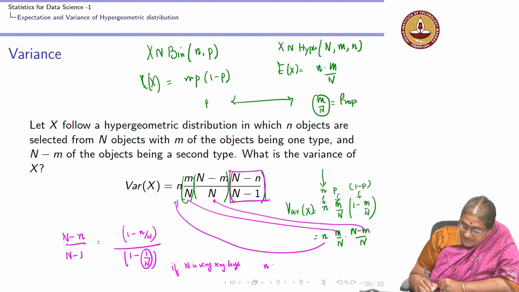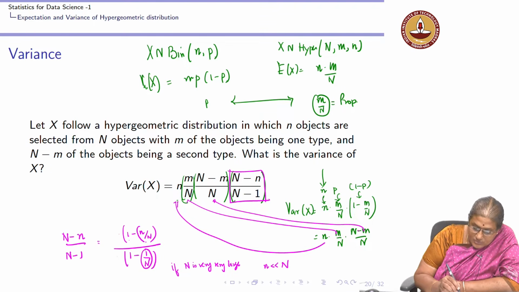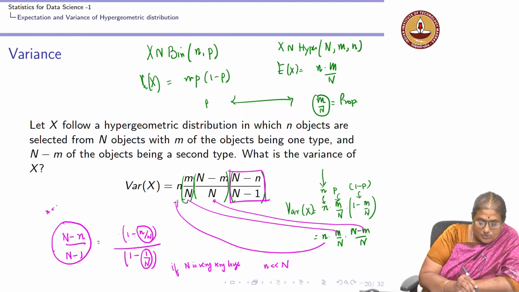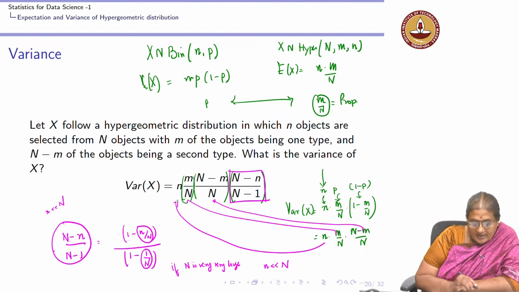Now, second thing, if n is very, very small as compared to N, again this would go to 0 and I just have a 1 here, which tells that this entire term, if n is very small as compared to capital N and N is very large, tends to 1.